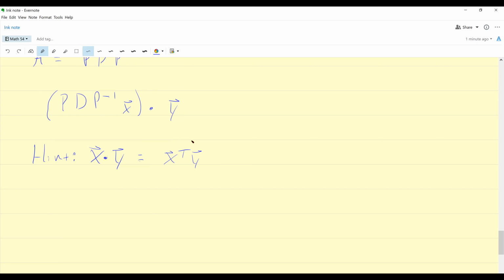Wait, you don't need to use the A equals PDP inverse to do this, right? No, I don't think so. I'm sure you could reason with that form, but it's a little bit more of a messy expression. I haven't thought through what the answer might look like.